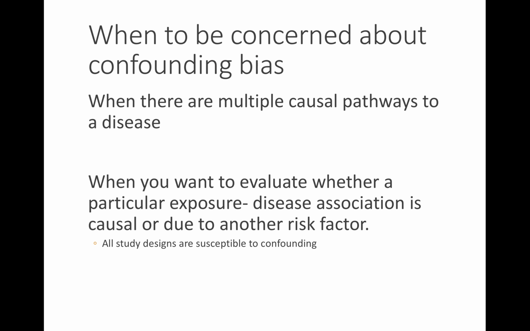And so we're concerned about the potential effects of confounding through any epidemiologic study that we're going to conduct. We're particularly concerned when there may be multiple causal pathways to a disease. We can think about that with a lot of the chronic disease leading causes of death, such as cardiovascular disease, cancer, diabetes.